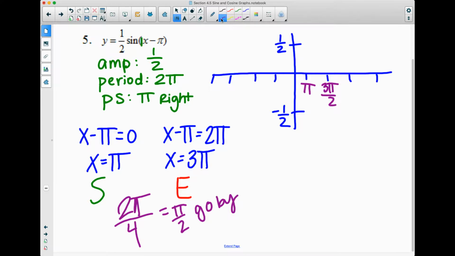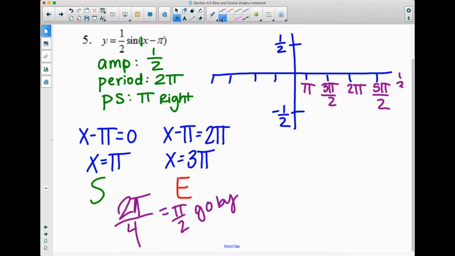Plus a half. So we get 2 pi. Plus a half. And plus another half.